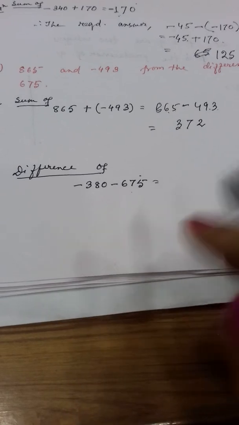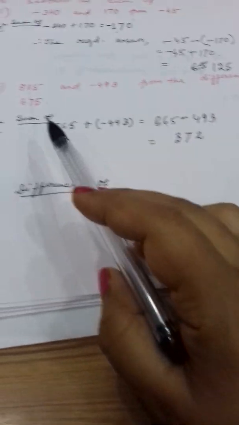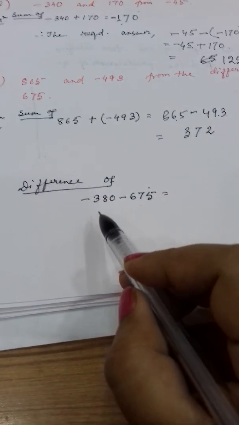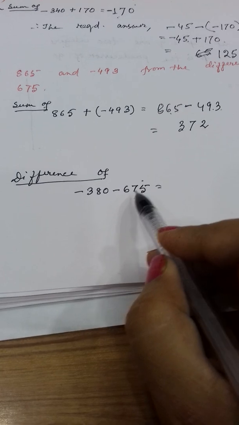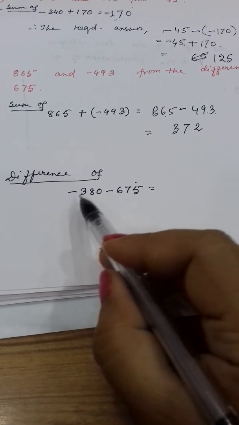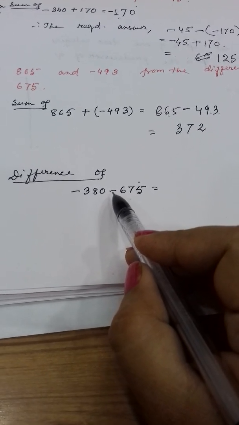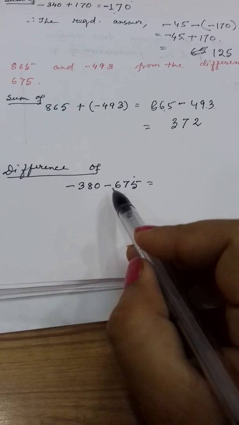Next part is you have to find out the difference of minus 380 and 675. So difference means minus 380 minus 675. So as both are negative for subtraction, so you have to do add, minus minus plus.